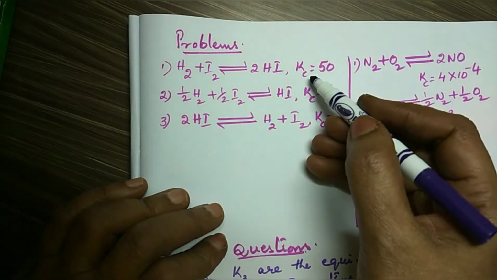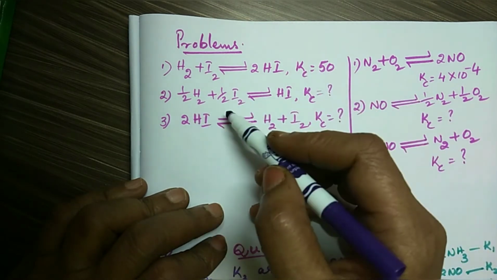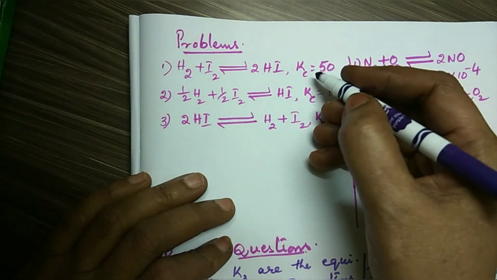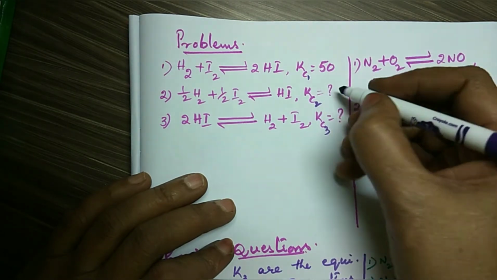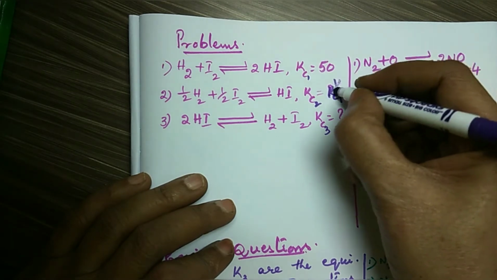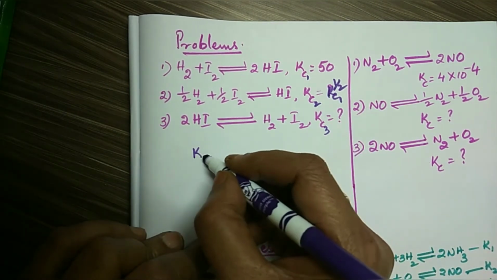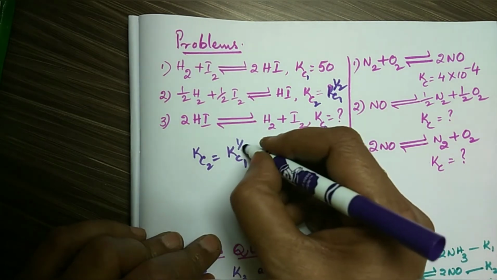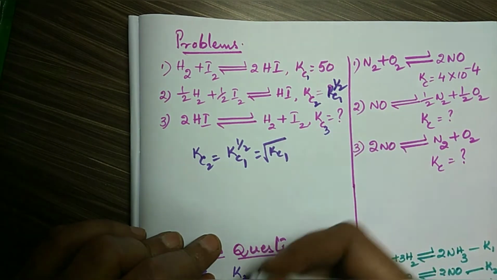So Kc we know. For the first reaction, Kc is equal to 50. So for the second reaction, as the concentrations are becoming half, Kc2 is equal to Kc1 to the power of half, meaning the square root of Kc1.